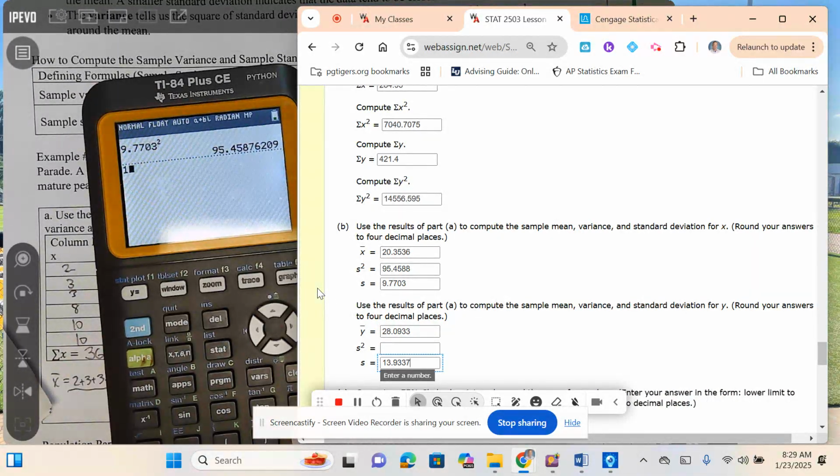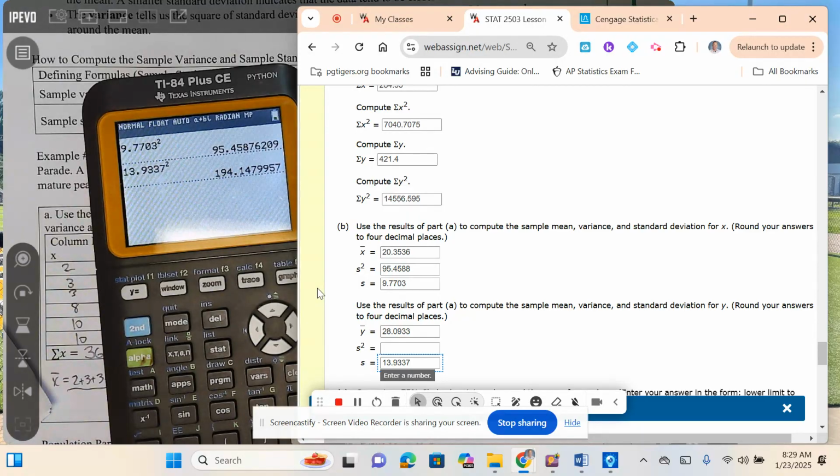So 13.9337 squared, 194. Okay. Got a little bit of rounding I've got to do here. 194.1480. Okay.